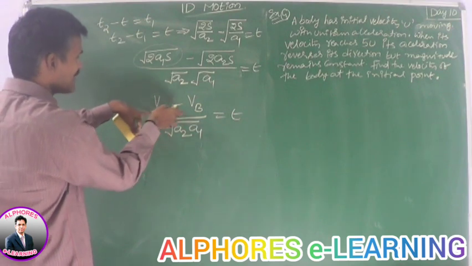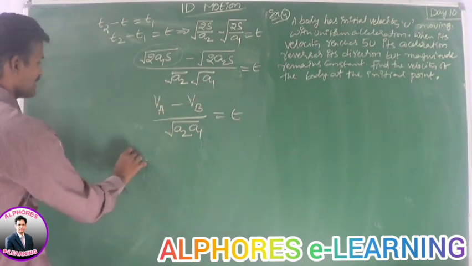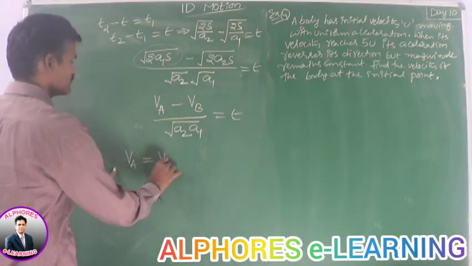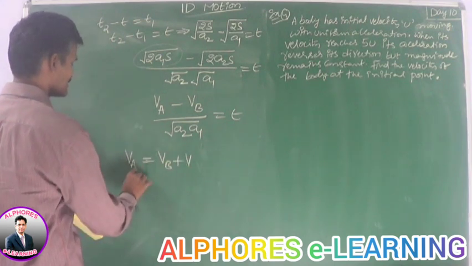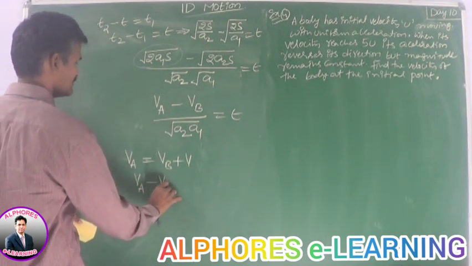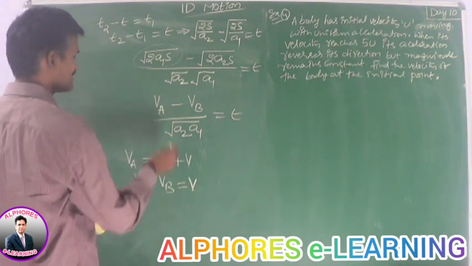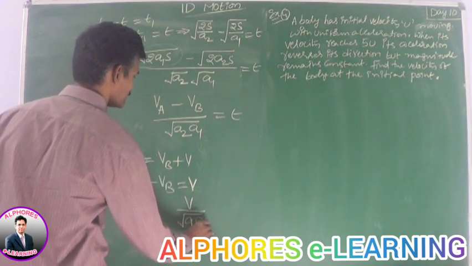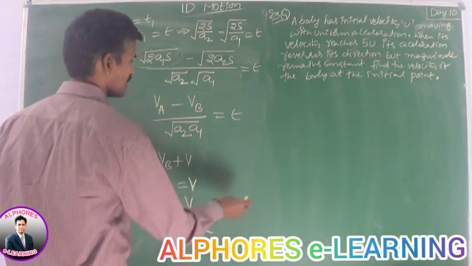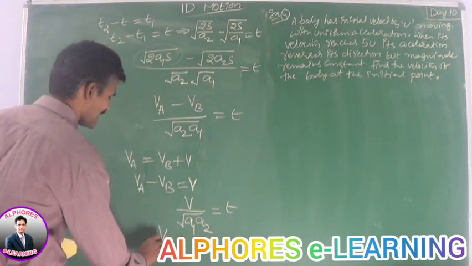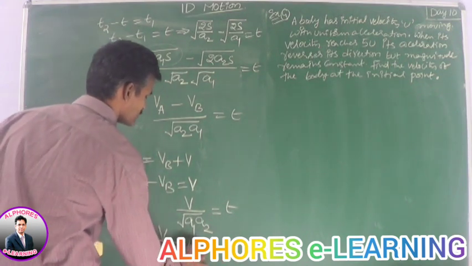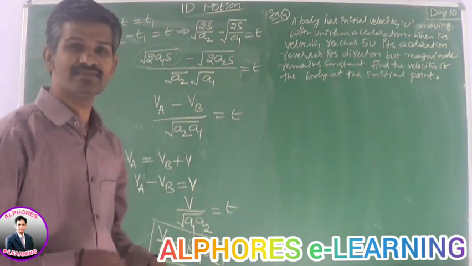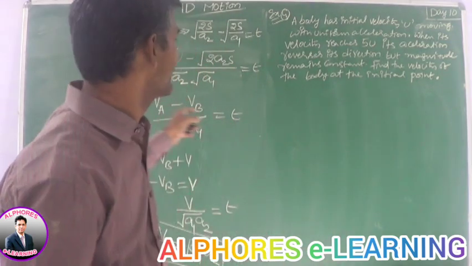Actually, VA minus VB, we already know that A has V meter per second more than B, that is VA is equal to VB plus V. On taking VB to the left side, VA minus VB, you can get V. Substituting this, you get V by root A1 A2 is equal to T. Or simply you can write V by T as root A1 A2. Students, this is a 2019 Mains exam question, so you have to practice it once again.